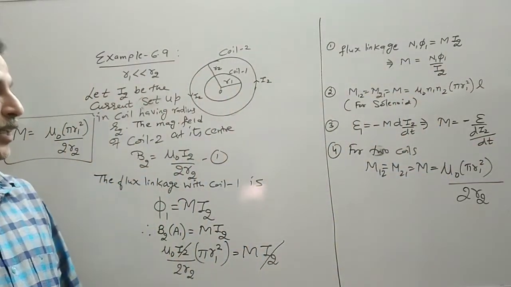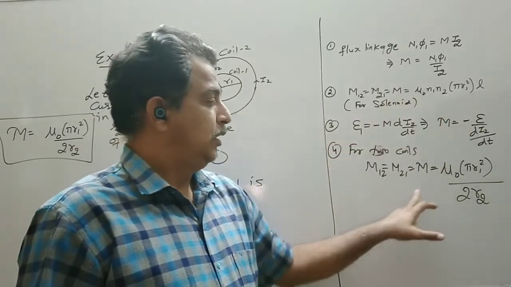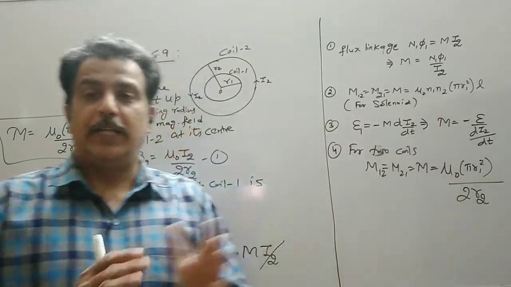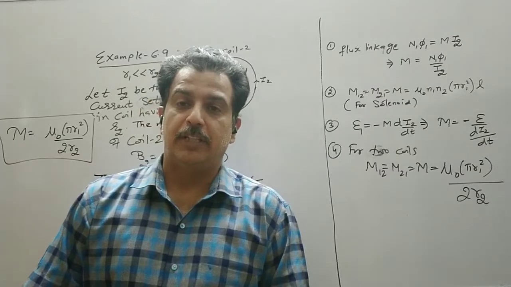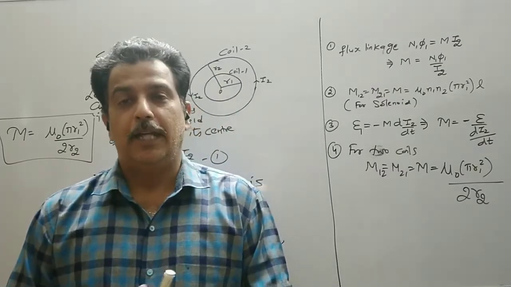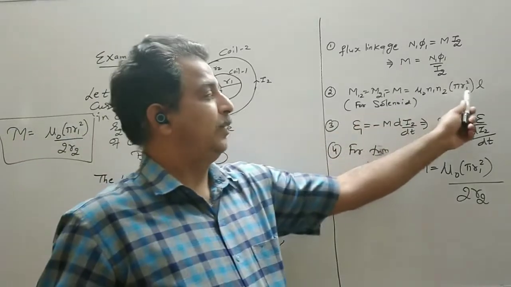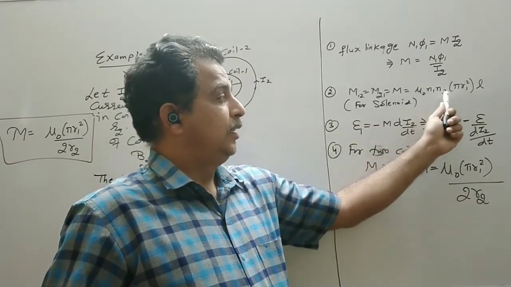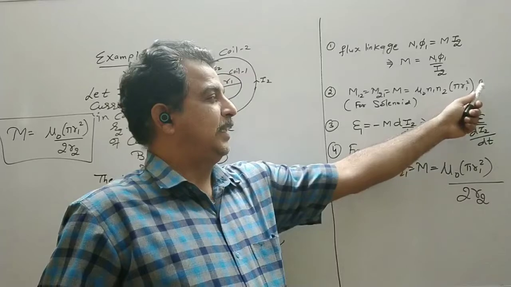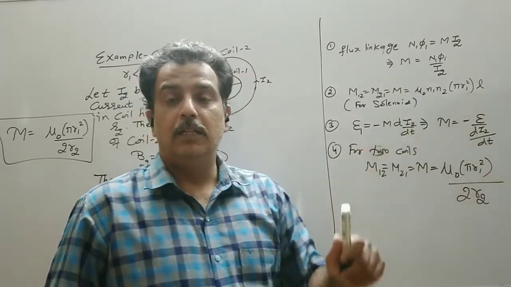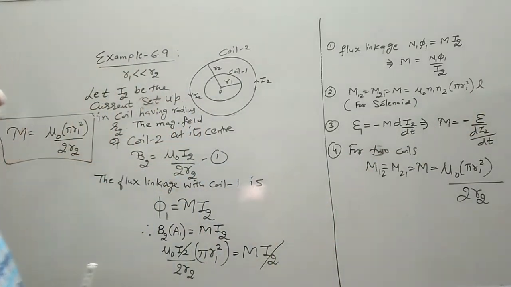Now see, in all these expressions of mutual inductance, it depends on the geometry of the coil and not on the current. So there is no current, it all depends on the geometry, number of turns, or you can say length, area, and the medium in the coil or a solenoid.